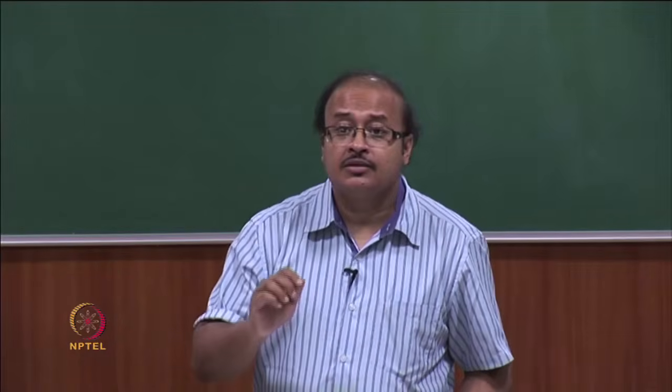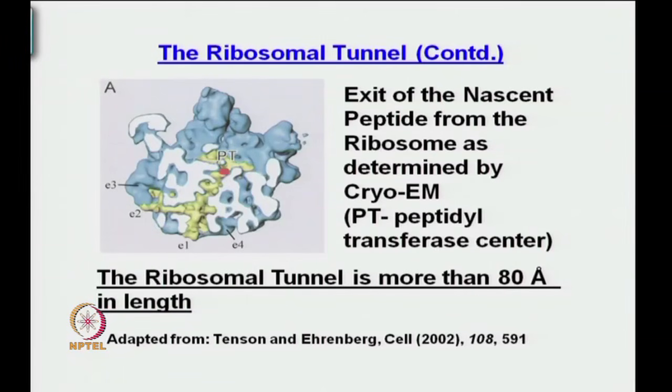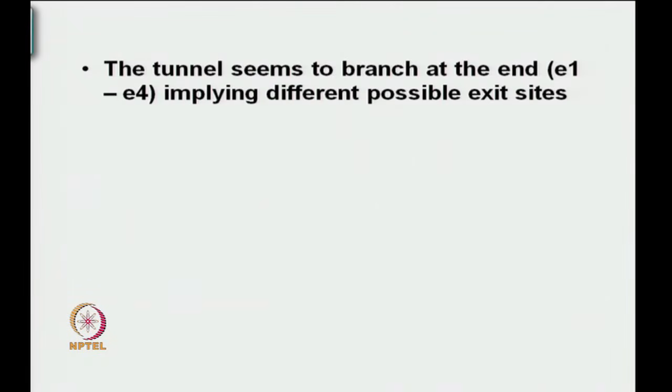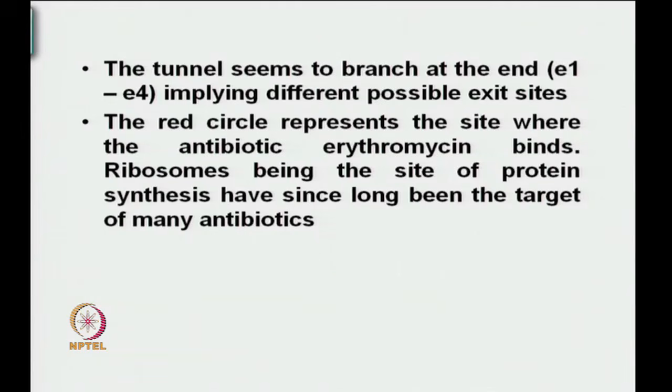A little more information on the ribosomal tunnel. Obviously, you would worry about the length of the tunnel, it cannot go on forever. The length of the tunnel is typically about 80 angstroms. As I said, the tunnel seems to branch at the end, implying different possible exit sites. The red circle represents the site where the antibiotic erythromycin binds.